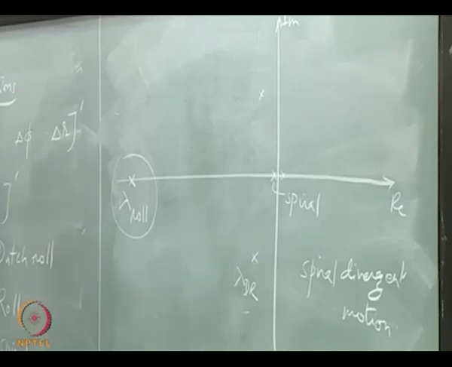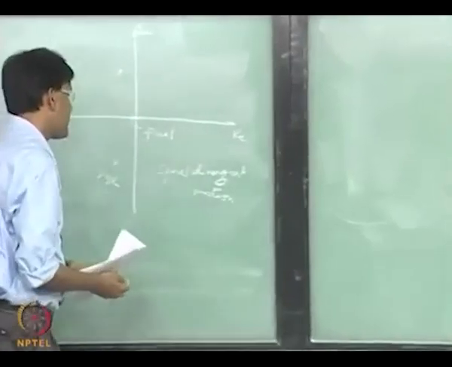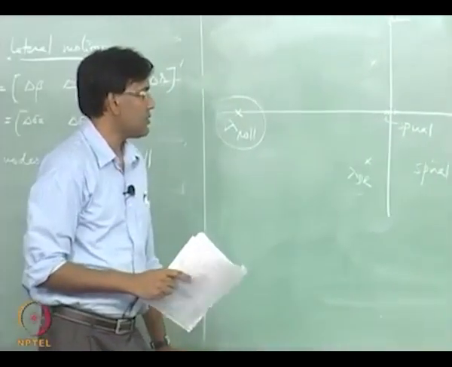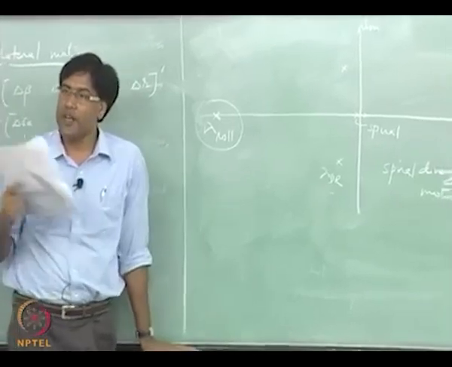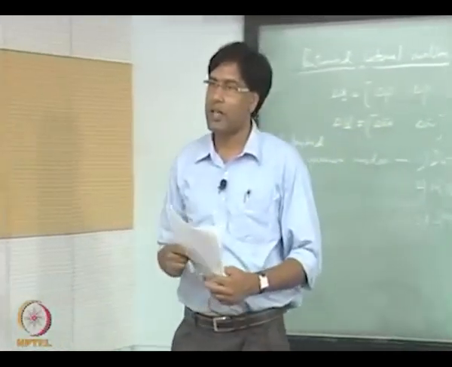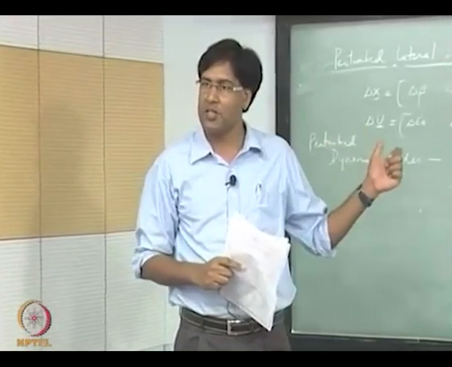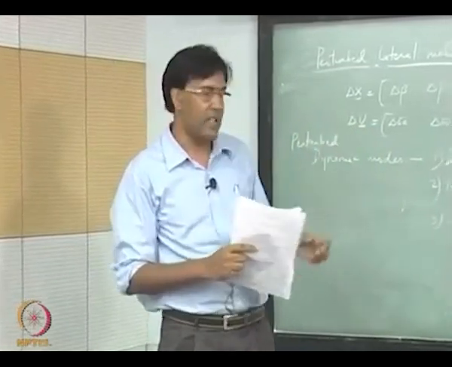Okay. So before we go into doing that, let us try to understand what a designer would be worrying about, okay, when he is talking about lateral motions. What is exactly in his mind?